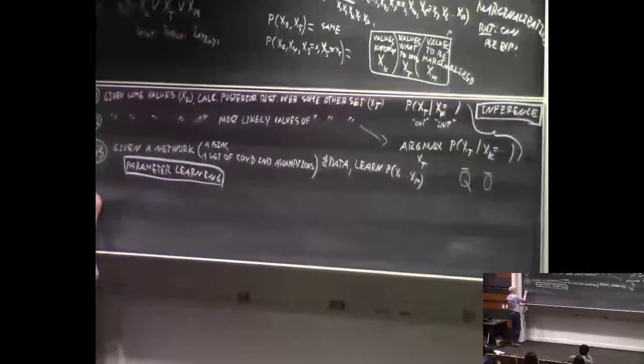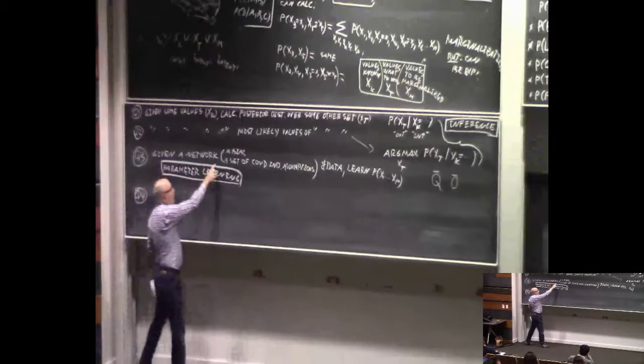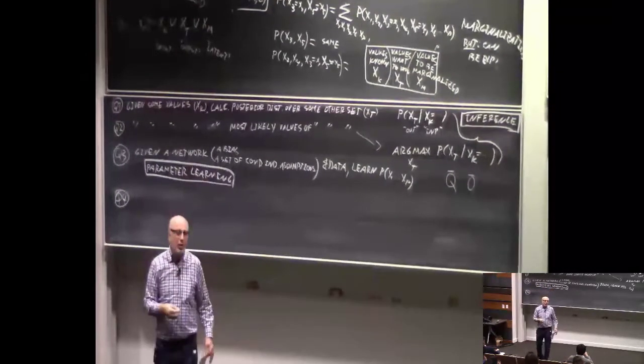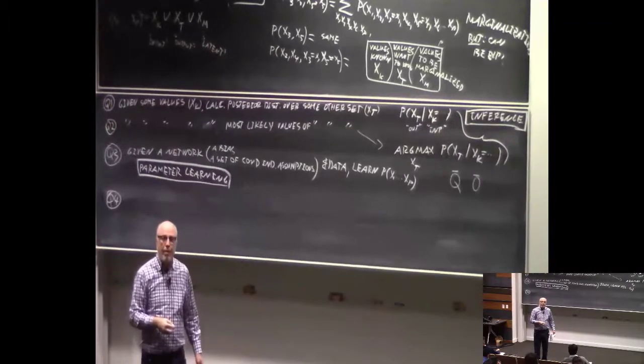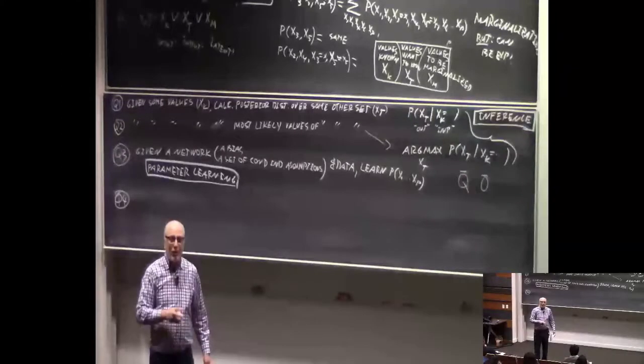And then the last question we like to ask is, you're not even given a network. You're not given the bias. You're not given a set of conditional independence assumptions. You want to derive independence of variables or conditional independence from the data.